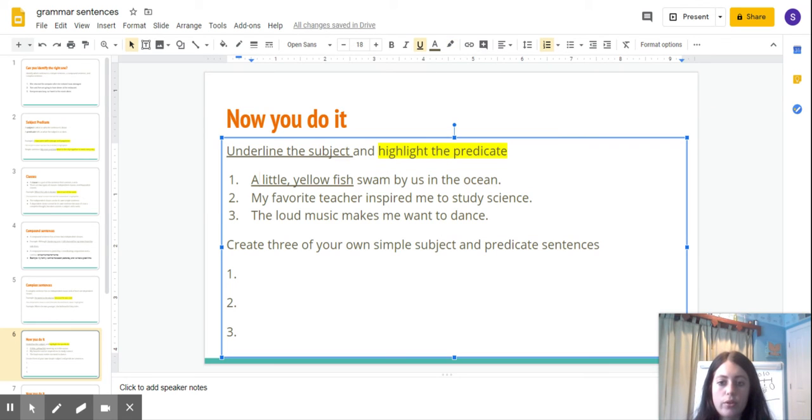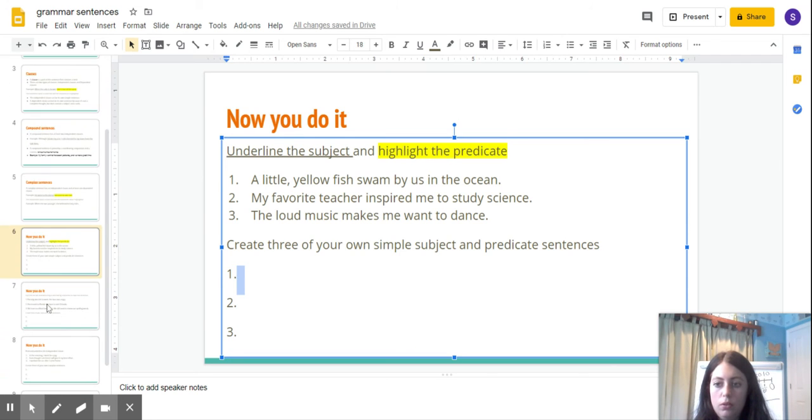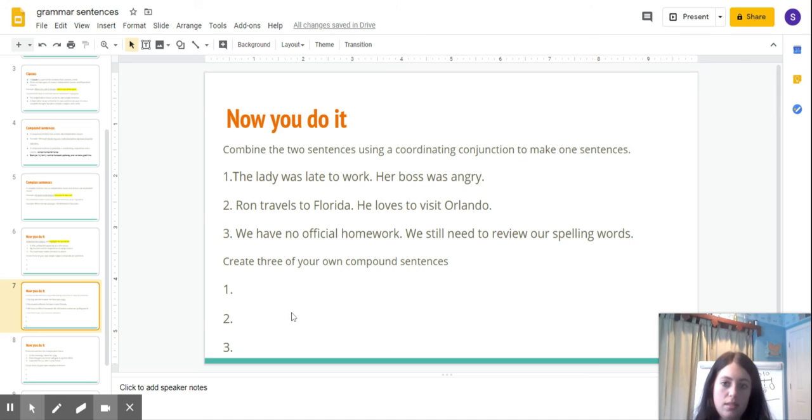All right, and then you guys are also going to create 3 of your own simple subject and predicate sentences. 1, 2, 3. So write those in right in there. Okay. All right, and then you guys are going to do compound sentences. So you guys are going to combine the 2 sentences using a coordinating conjunction. Remember, coordinating, FANBOYS.